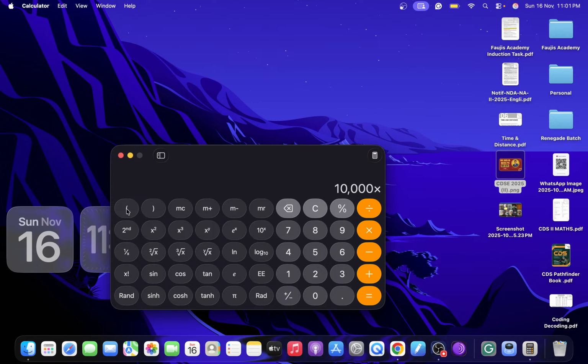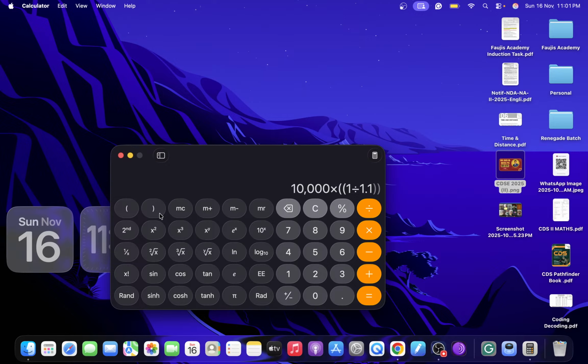Then we have a bracket over here, 1 divided by, let's open one more bracket, 1 divided by 1.1.